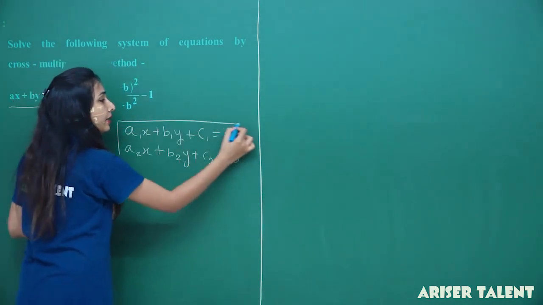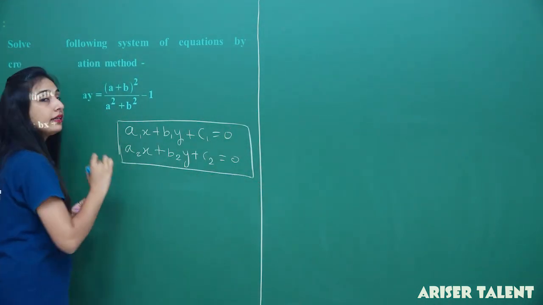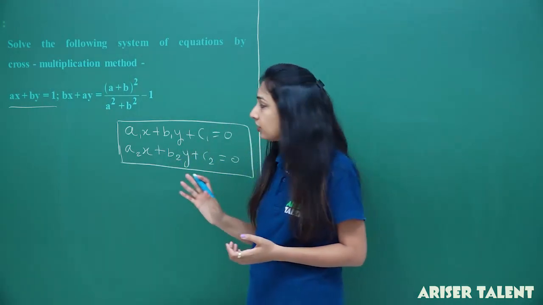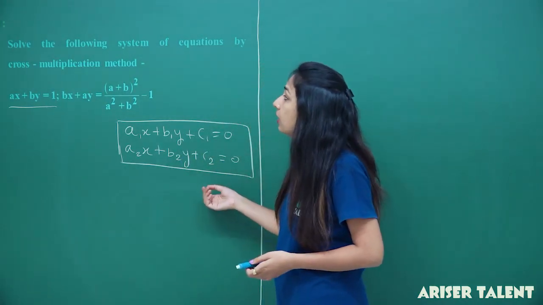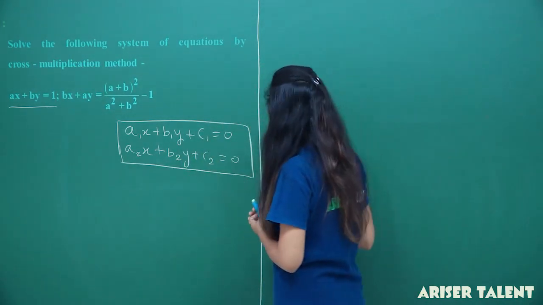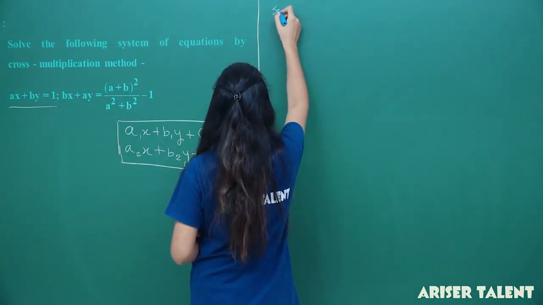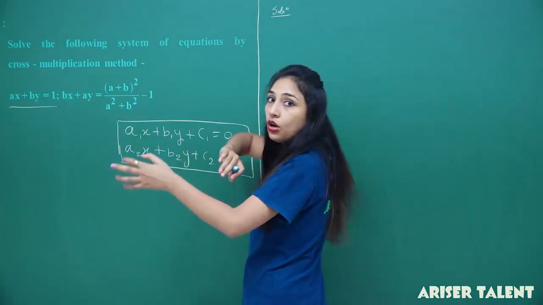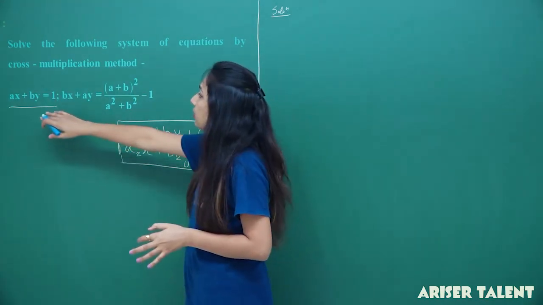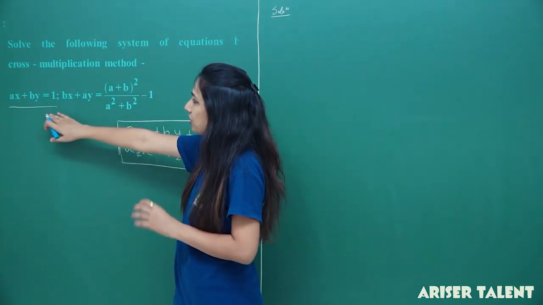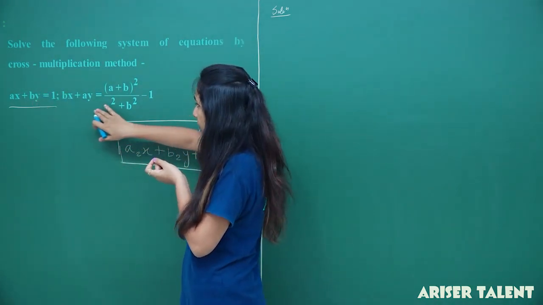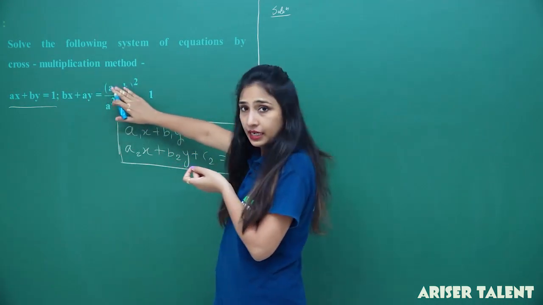This is our basic or standard form of the equation in two variables. Okay, so now we are going to solve it. Here, in the solution, we'll first write these equations in standard form. We just have to transpose terms, but we have to solve this. So I am writing this first.